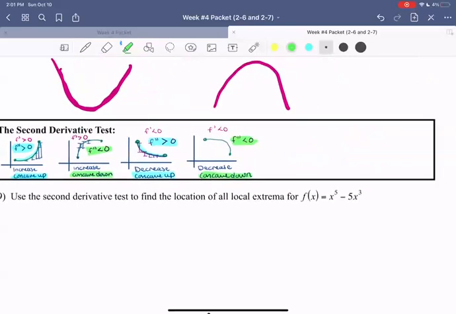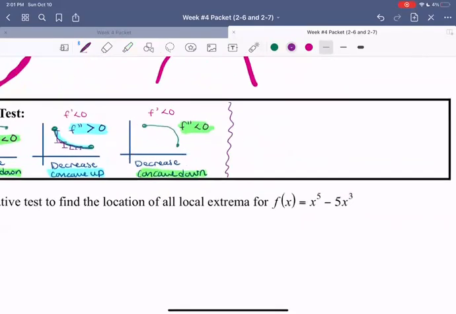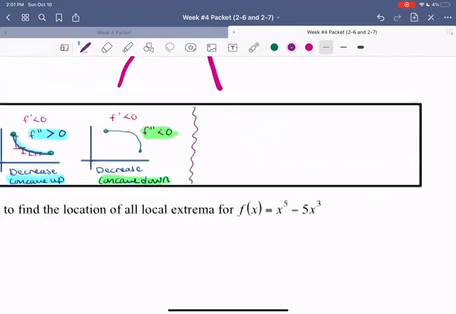So we can summarize this here in a rule that's often called the second derivative rule. And so that just states what we've just seen here in the images that we drew.